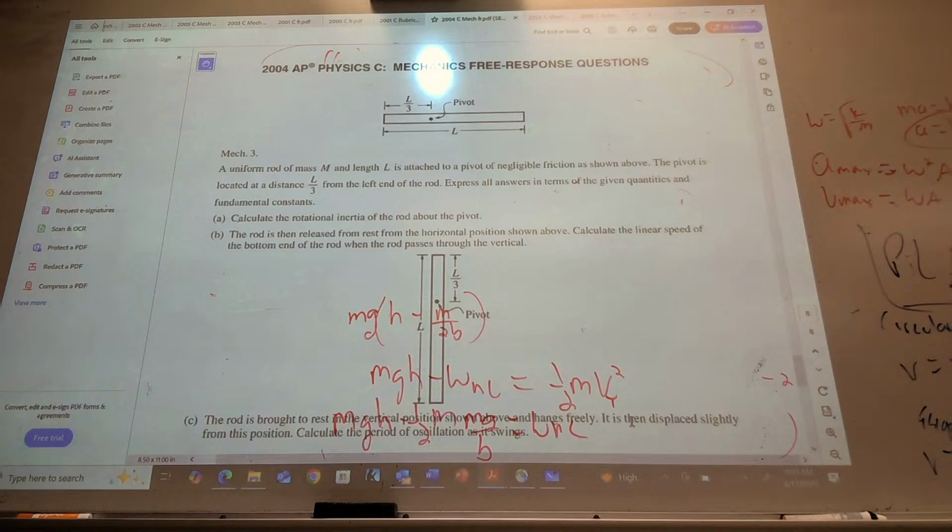B, the rod is then released from rest from the horizontal position shown above. Calculate the linear speed of the bottom end of the rod when the rod passes through the vertical. C, the rod is brought to rest in the vertical position shown above and hangs freely. It is then displaced slightly from this position. Calculate the period of oscillation.